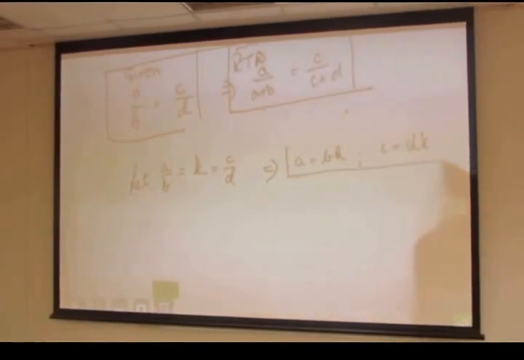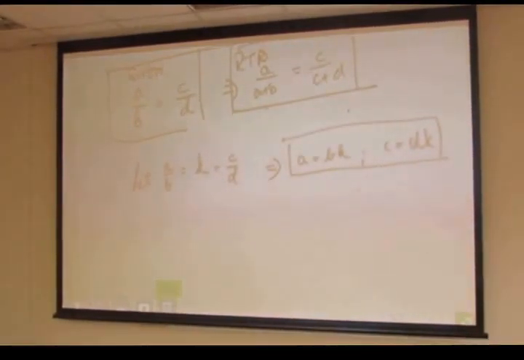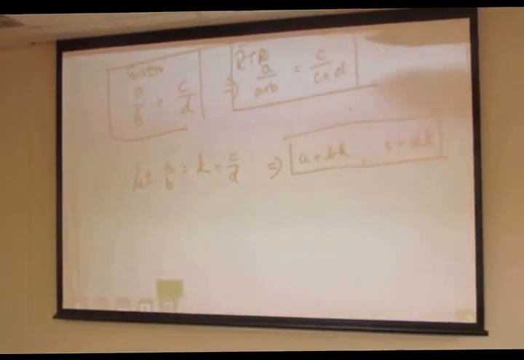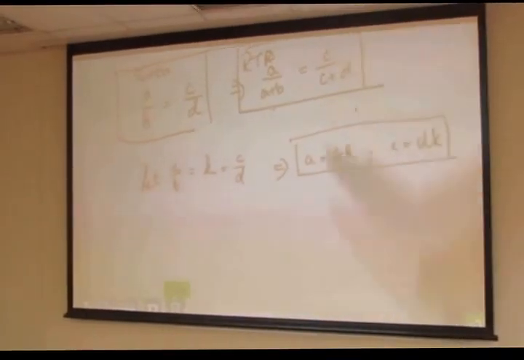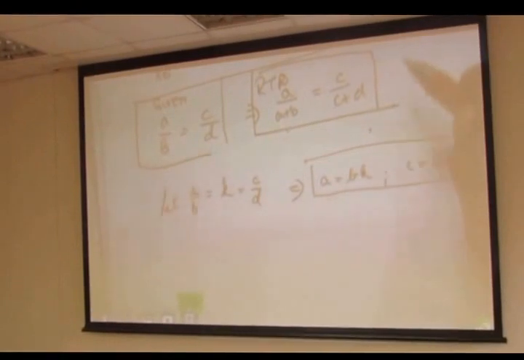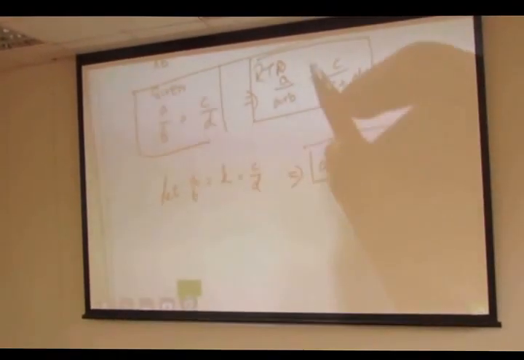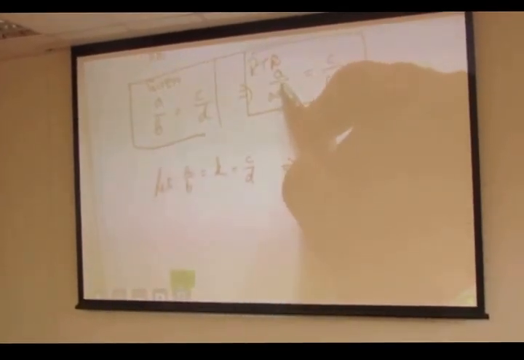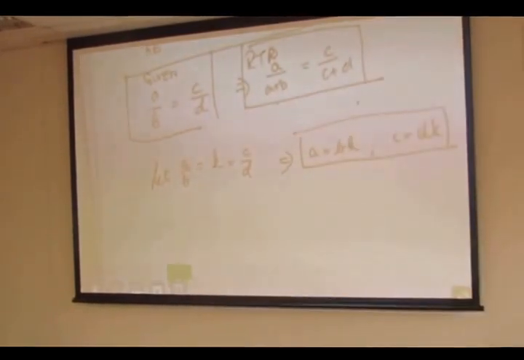Now that's what came from the given. If you just substitute that in there for the A's and substitute that in there for the C's, all the K's will cancel out and you'll end up with something for the left-hand side and the same thing for the right-hand side.